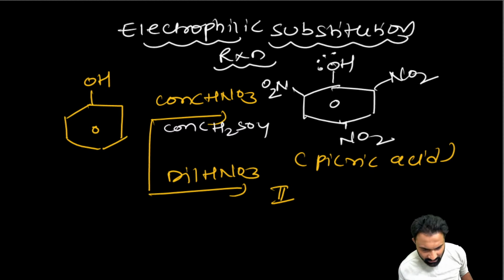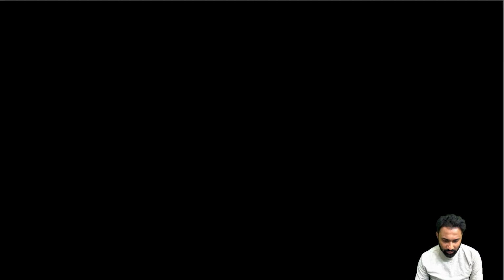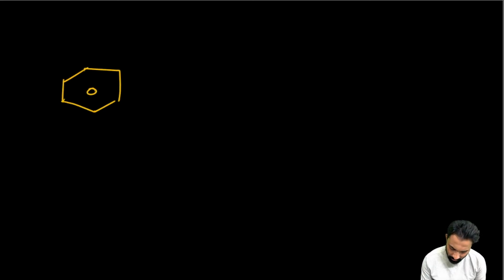Should I explain the mechanism? You are asking the mechanism, okay, listen. Now the story behind how the phenol is giving the orthonitrophenol, I will explain. Here we know phenol, right? This is a phenol.